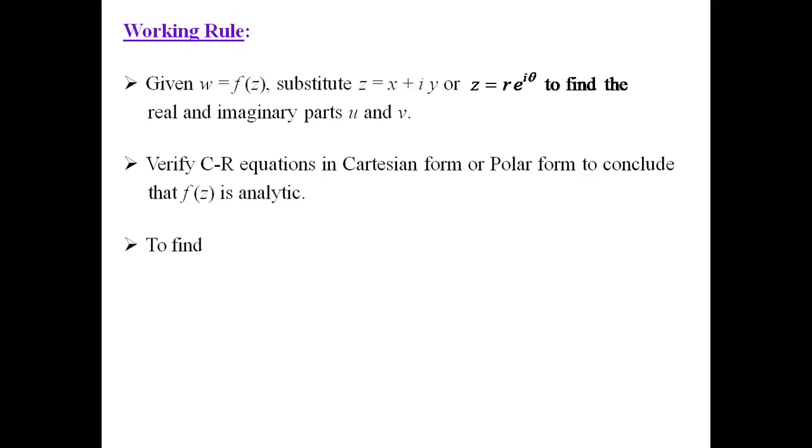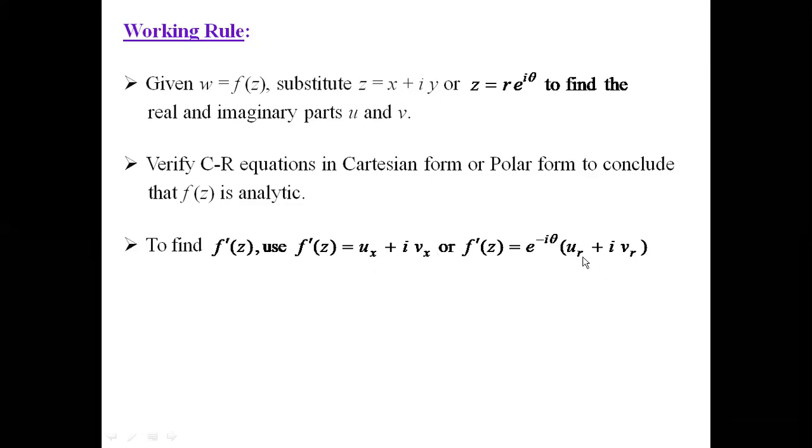Then in step 3, we find f dash of z, which is equal to ux plus i into vx, or we use the expression f dash of z is equal to e power minus i theta into ur plus i into vr. So either in the Cartesian form, the expression will be ux plus i vx, or in the polar form, it is e power minus i theta into ur plus i vr.